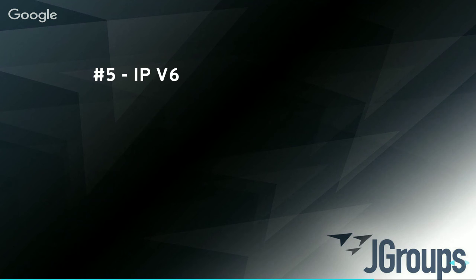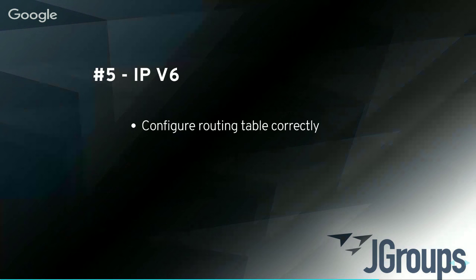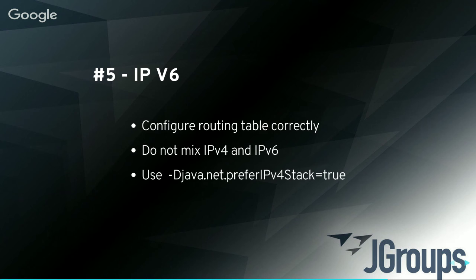Okay, IPv6. In general, JGroups works with IPv6, but in most cases, you probably don't have routing configured correctly on your laptop. It is very frequent. So if you use IPv6, just make sure that you have properly configured routing. Also, do not mix IPv4 and IPv6 in a single network, because JGroups nodes won't find each other.